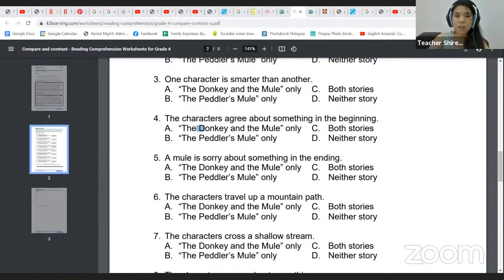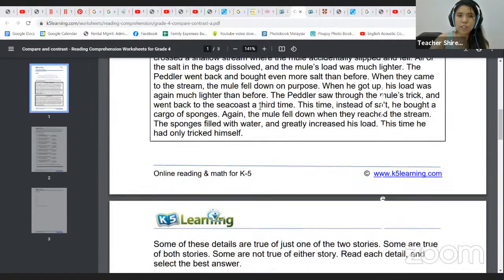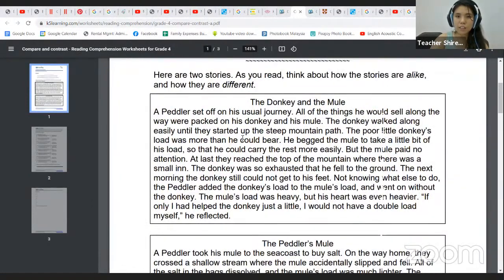It means there are 2 stories, right? Which story, at the very beginning, has them agreeing on something? Agree means 同意. Which one? The donkey and the mule. Okay. Where did they agree on anything? Did they agree on anything in the beginning?